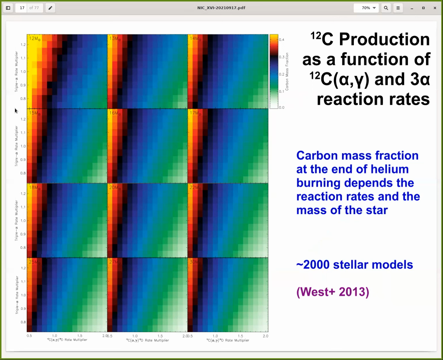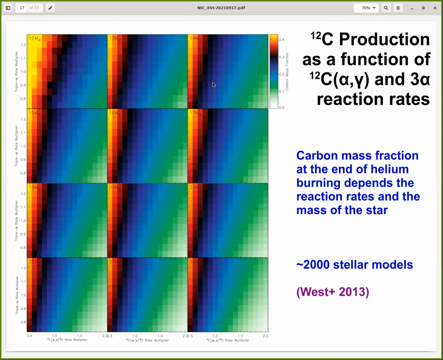This is our standard rate at 1, standard multiplier, in the middle on the x-axis and on the y-axis. The color coding shows the carbon mass fraction at the end of helium burning for different stellar masses, 12, 13, 14, 15, and so forth, up to 30 solar mass stars.